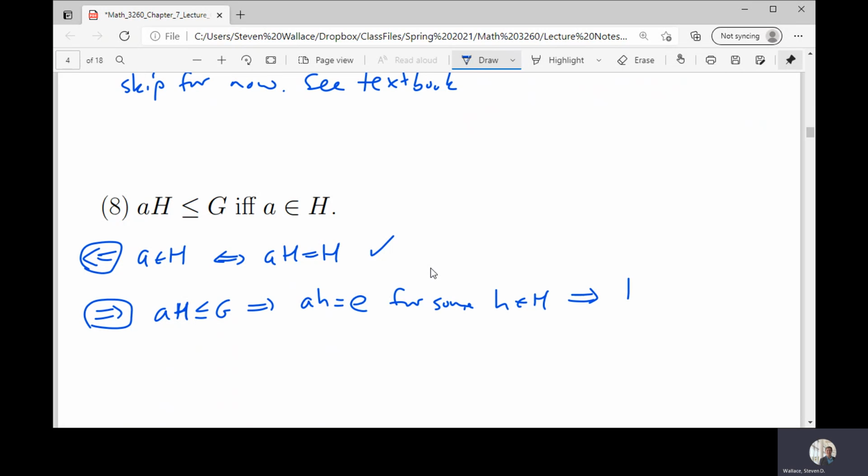any element in, so suppose h1 is in H, then h1 is in the coset.